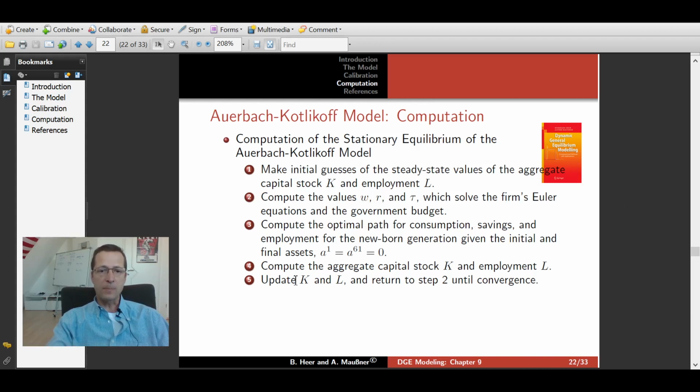Otherwise, we have to update these variables K and L and return to step 2. And we iterate over the aggregate values K and L in the outer loop of this algorithm. And in the inner loop, we do the iteration, the computation of the individual profiles. So this is somehow a nested problem. Outer loop, aggregate capital stock, inner loop, the profiles.